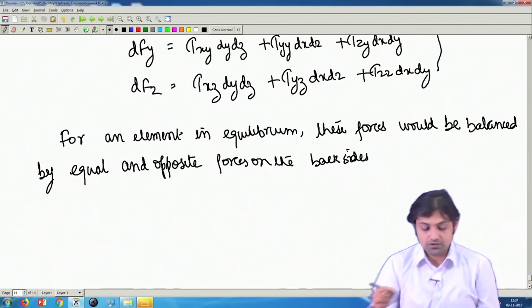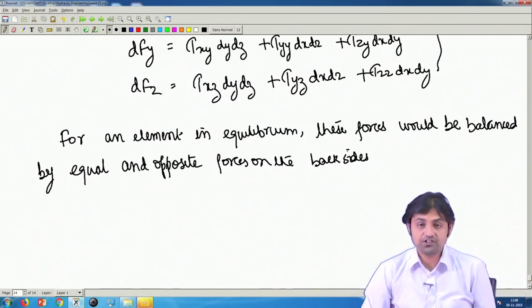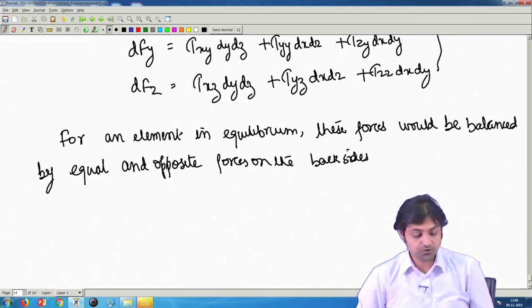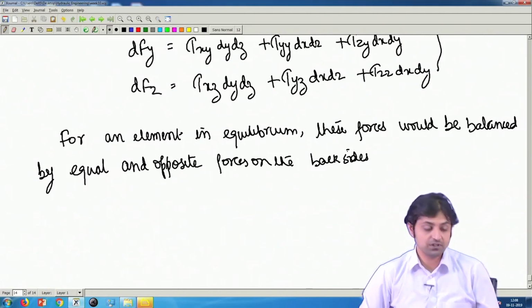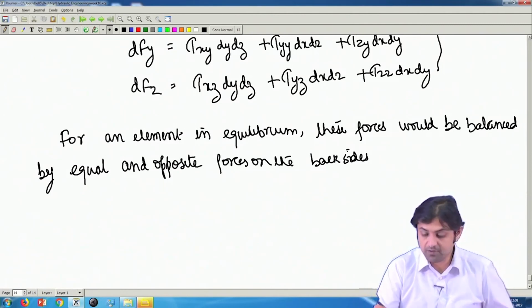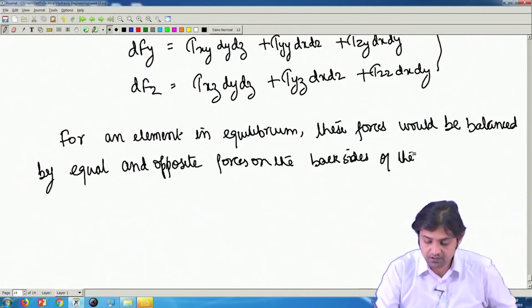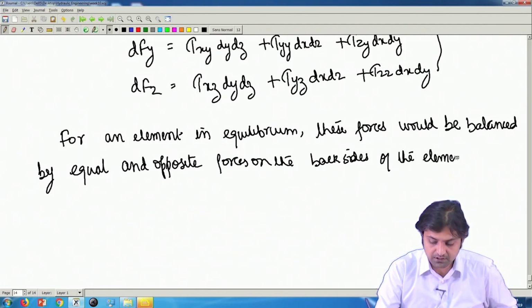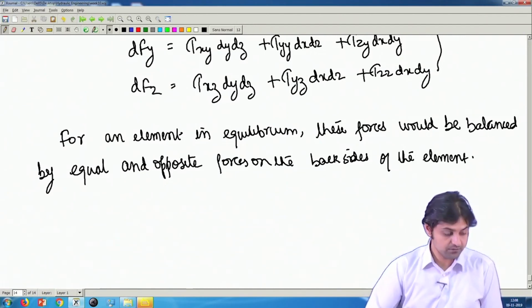So if the element is in equilibrium, the forces that we have written, dfx, dfy, dfz, should be balanced by equal and opposite forces on the back side. We have written the front faces, all right, now the back sides of the element.